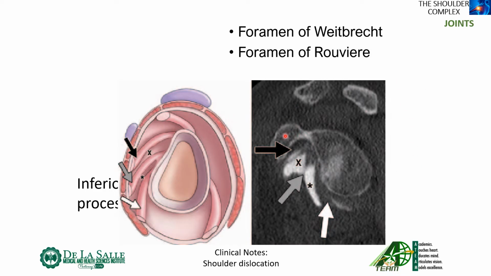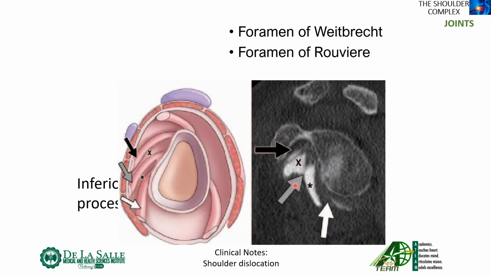This is your superior GH ligament here. This is your coracoid process. The location of these foramina is inferior to the coracoid process. The one in the black arrow is the superior GH ligament. The white area with X is the opening, the foramen of Whitebread.